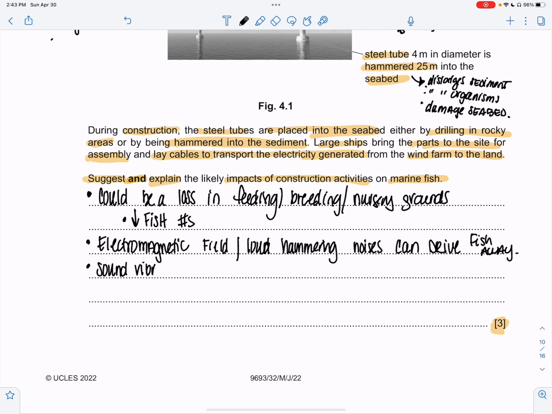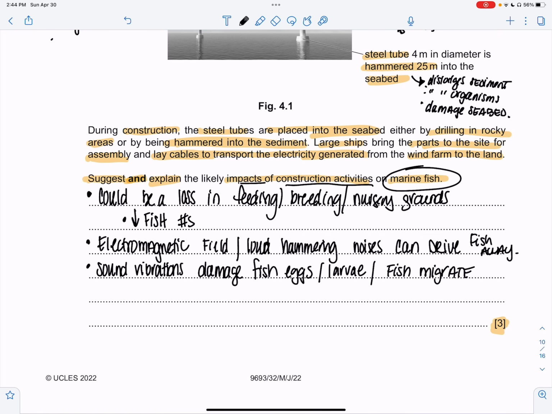Sound vibrations from the drilling or from the hammering may damage fish eggs or larvae. Again, could cause the fish to migrate. And we're answering in terms of fish because it does say impacts of construction activities on marine fish.